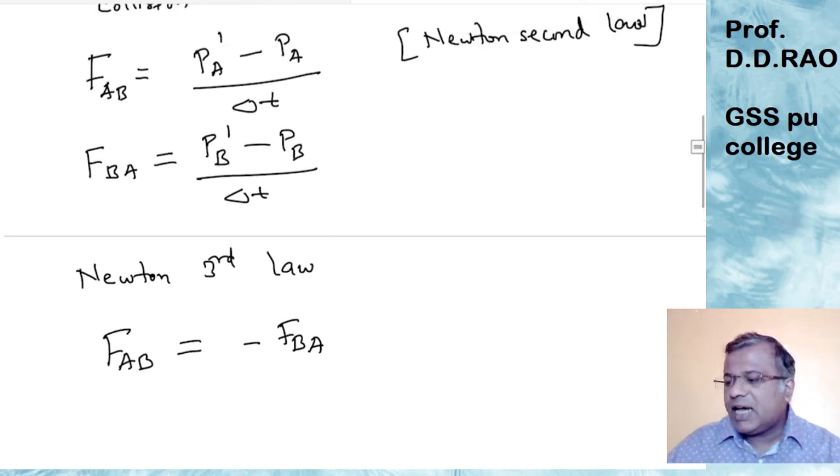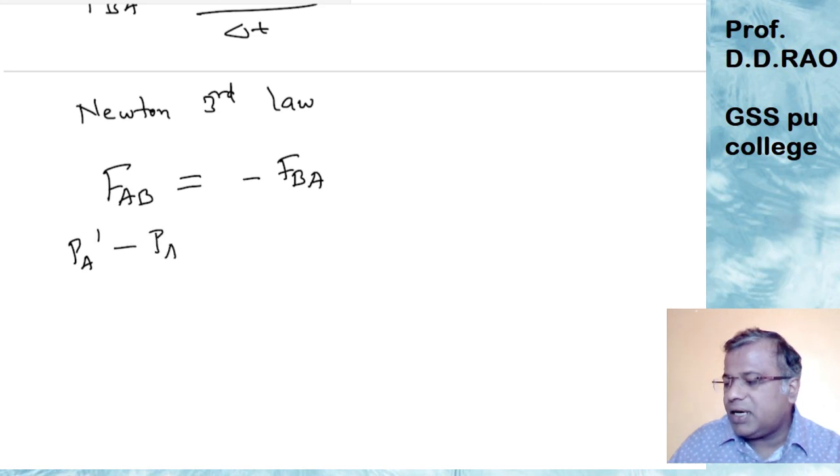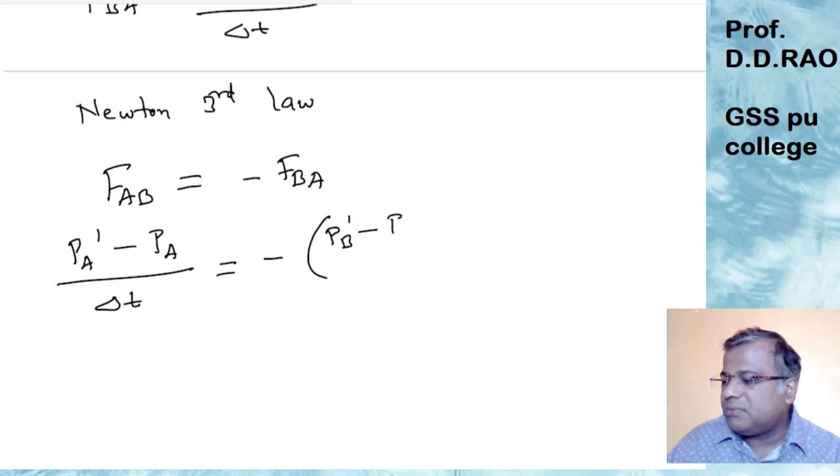Now, what was FAB, the force on A due to B? That was PA dash minus PA divided by delta t. And the force on B due to A was PB dash minus PB divided by delta t.